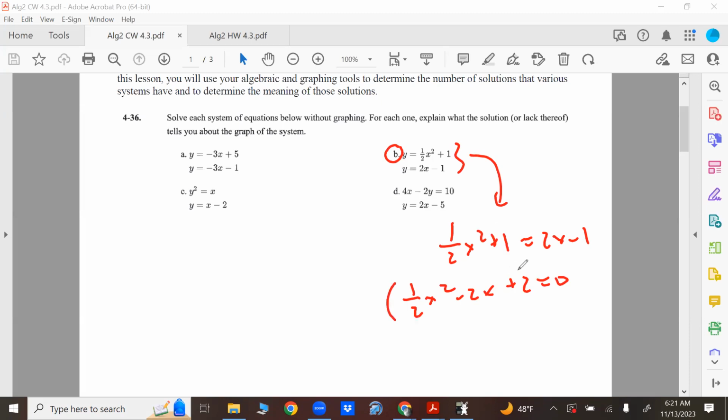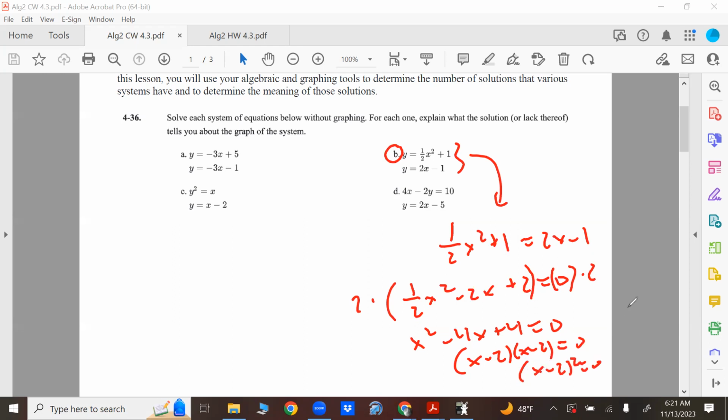I'll multiply both sides by 2 to avoid fractions. So I get x squared minus 4x plus 4. Hopefully you recognize that's x minus 2 times x minus 2, or x minus 2 squared. So x just equals 2. There's just one solution.